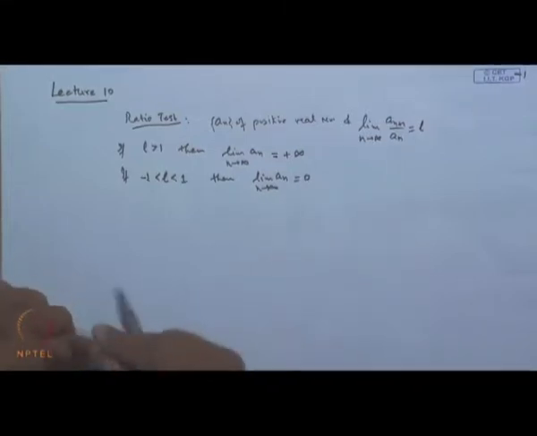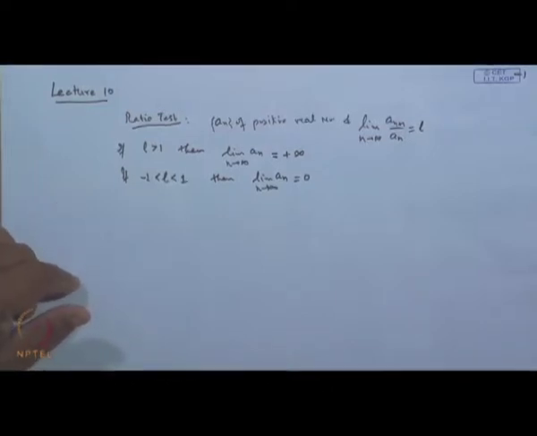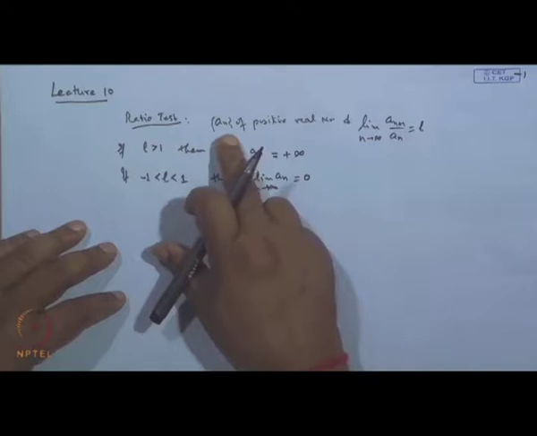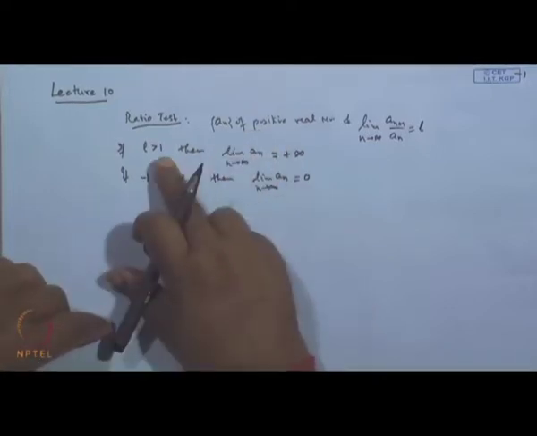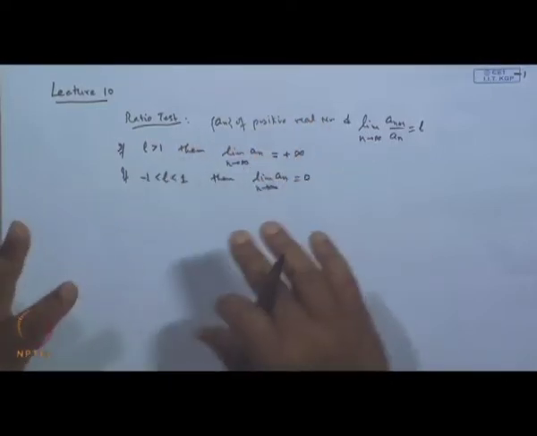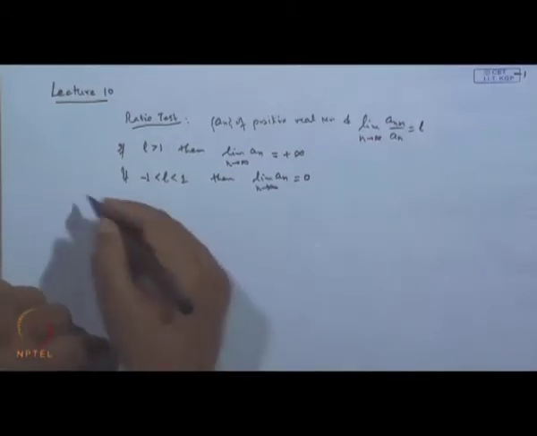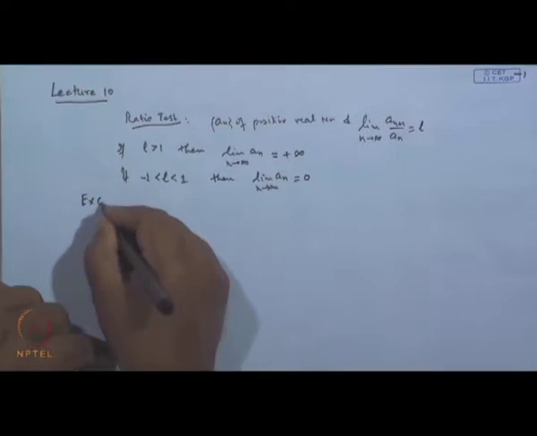A particular case is when L is less than 1. If the terms are negative, then we can take the minus sign out and get the results for the alternating case. So, let us see the exercise based on this.